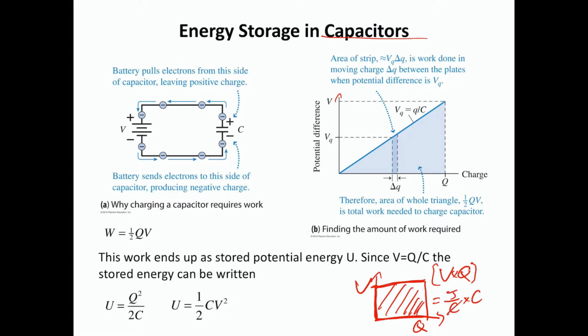So when you look at the unit, what is the unit? Joule. So what does it suggest to you? It suggests the area here is energy. Got it? Now this is important. We say the area under the V versus Q curve is energy.